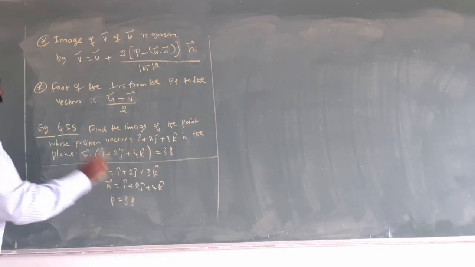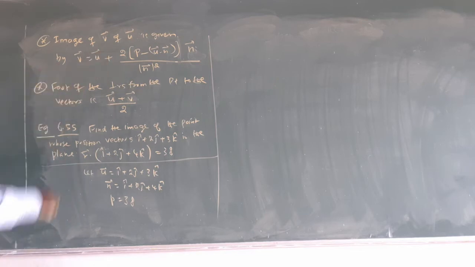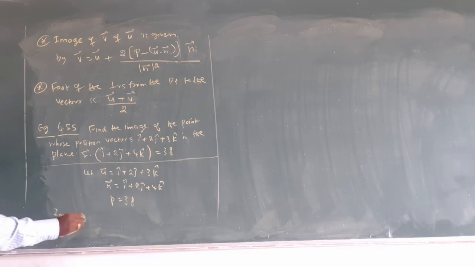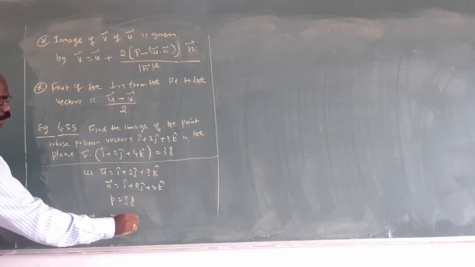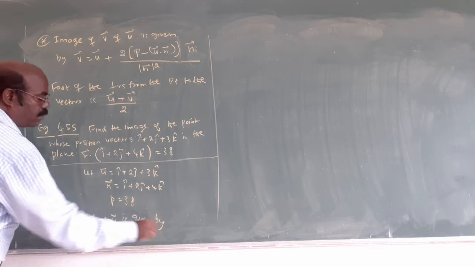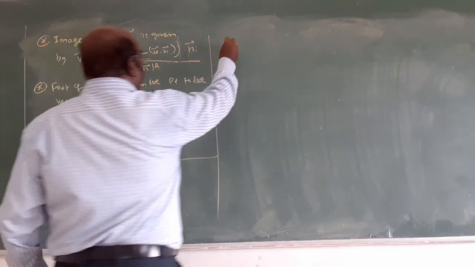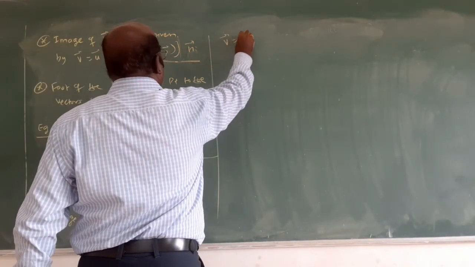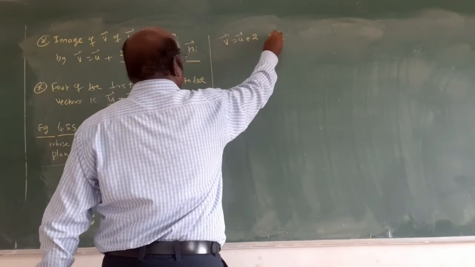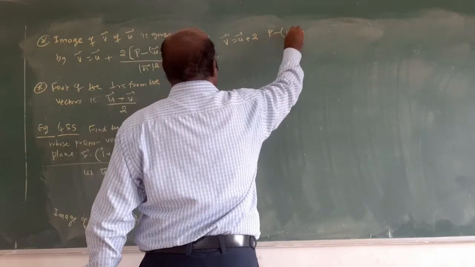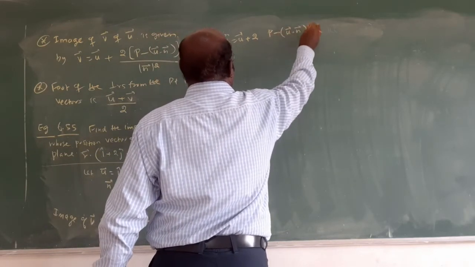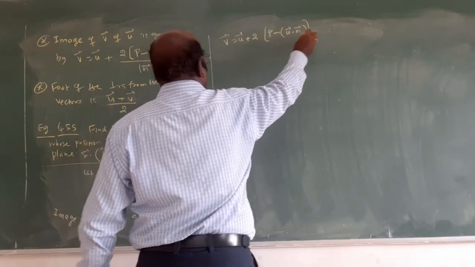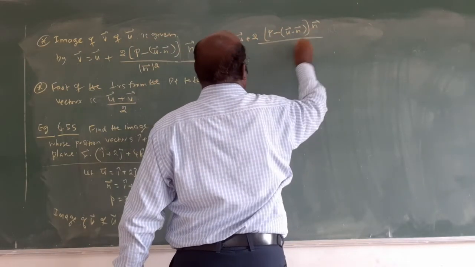Then the first one is u vector. Now in the formula, the image v of u is given by, write the formula clearly, v vector equal to u vector plus 2 into p minus u dot n, into n vector by modulus of n squared.